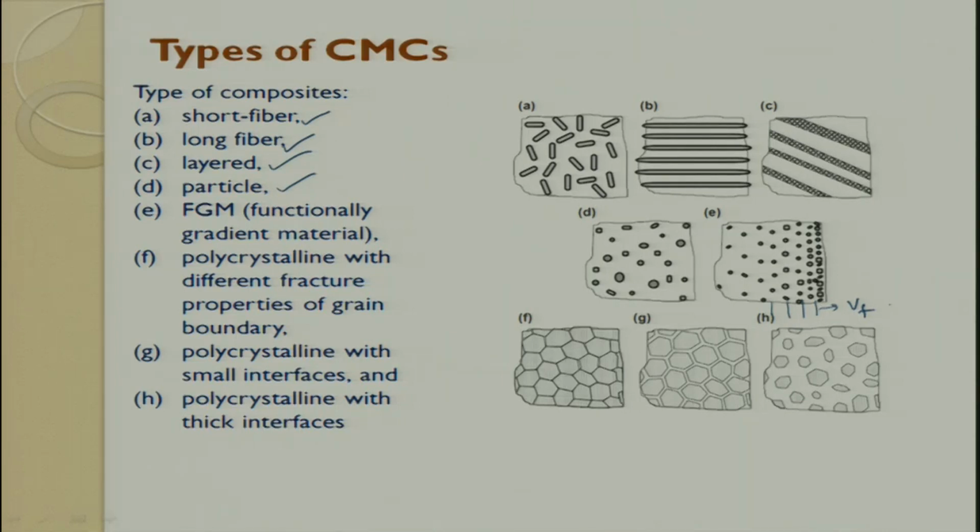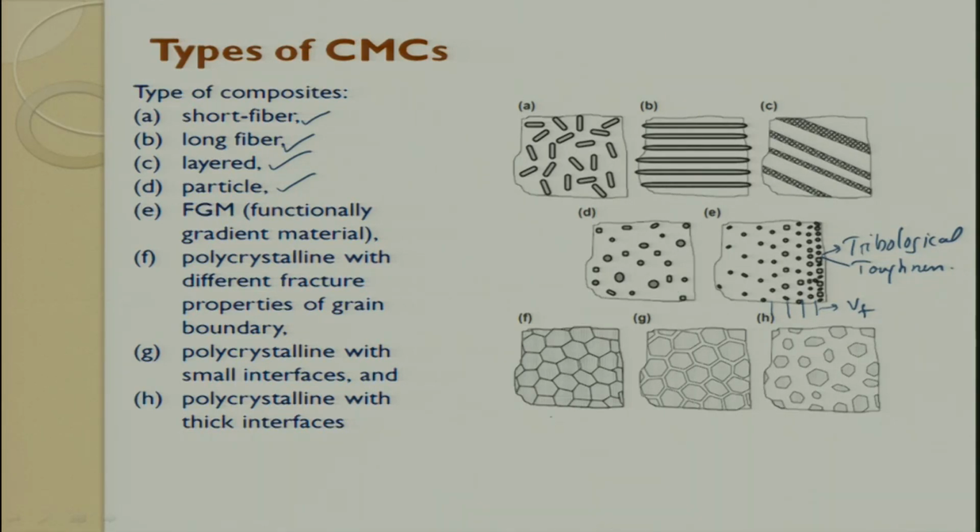On the periphery you have a large amount of particulates, and as it goes down it is less. Because of this, the tribological property and fracture toughness property enhance. This is functionally graded material. Today there is a huge demand for functionally graded materials.